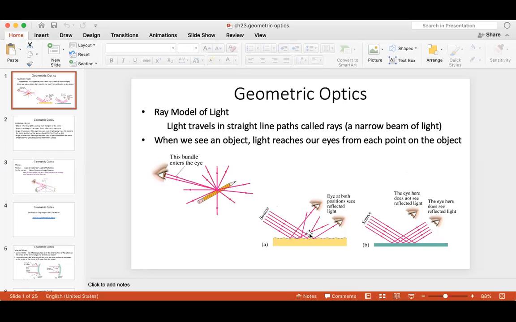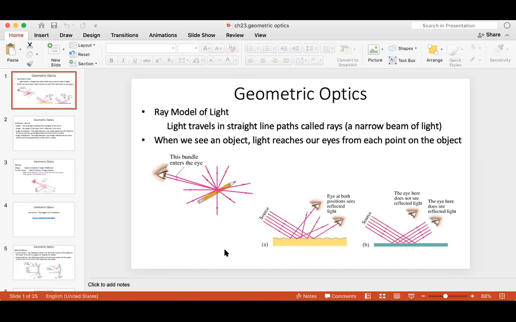Looking down here at the picture in the bottom right of the slide, the idea here is that if you look at the rays from the source, they are all parallel to each other, but the thing that the light is reflecting off of, nothing is perfectly smooth.